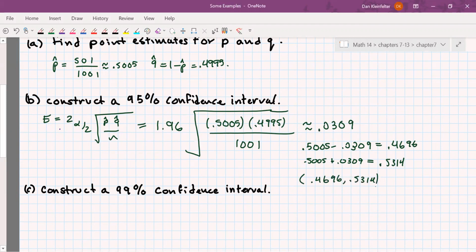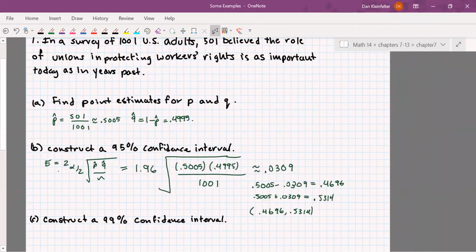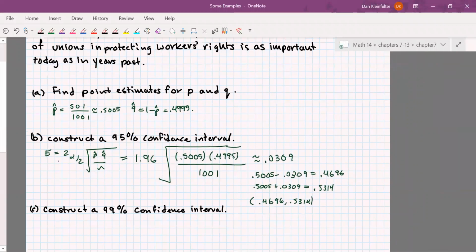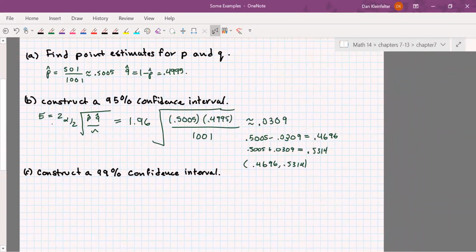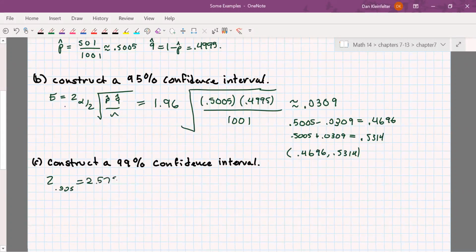All right, so now, for the same story involving the unions, we basically want to do the exact same thing, only we'll have a 99% confidence interval. So the process is going to be really similar to what we did in B, only because it's 99% confident, we'll have a Z 0.005 of 2.575.